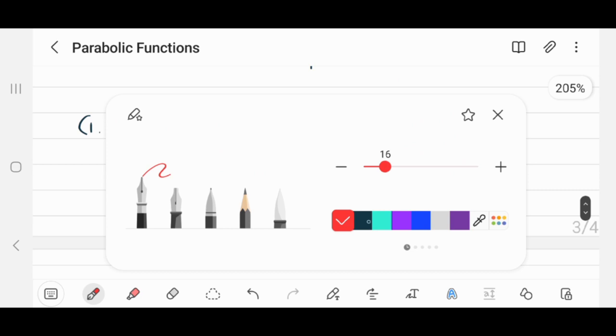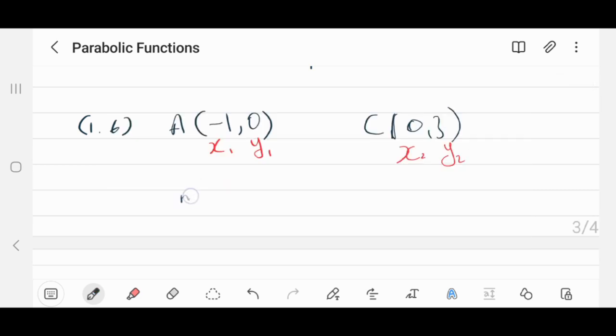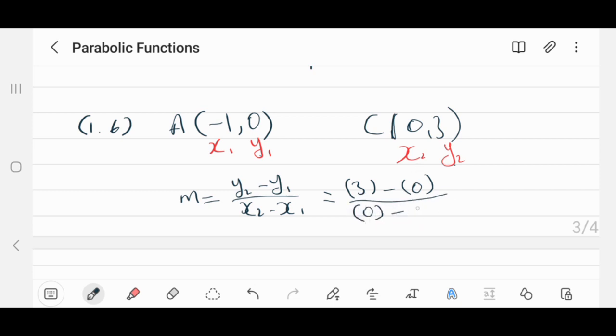Okay, so let's quickly do gradient. So the gradient is y2 minus y1 over x2 minus x1. Further, y2 is 3, y1 is 0, x2 is 0, and x1 is -1. So the final answer: 3 minus 0 over 0 minus of -1.